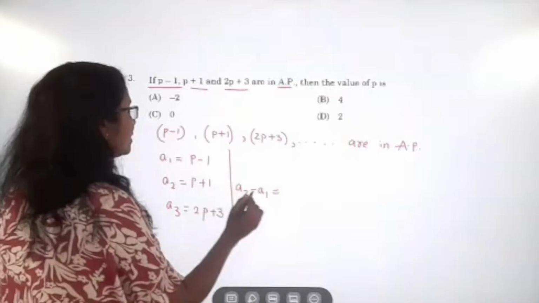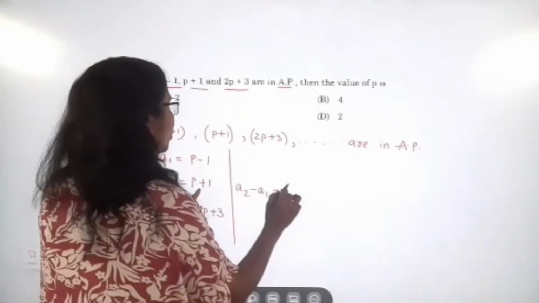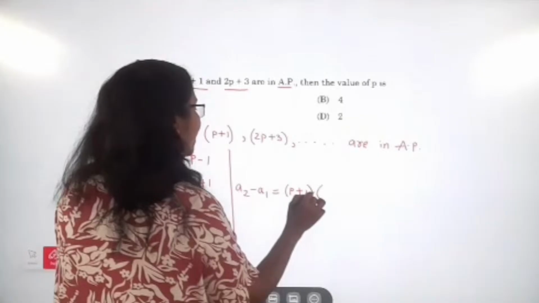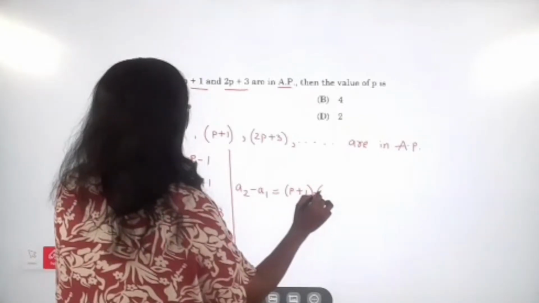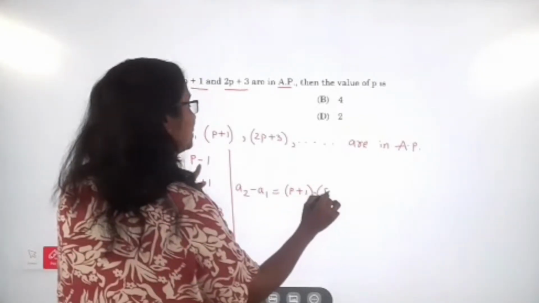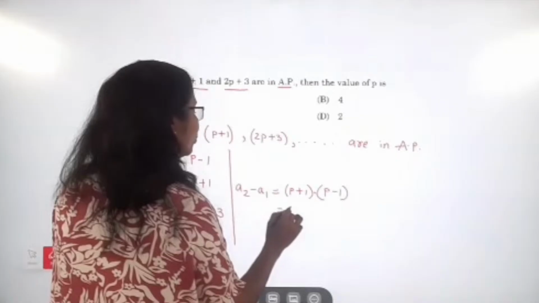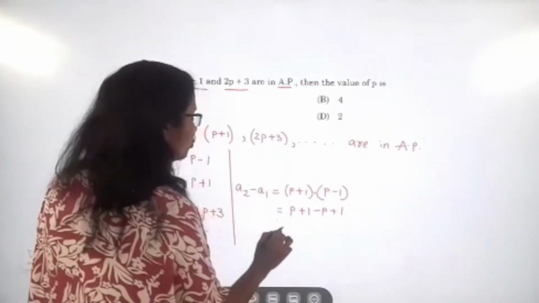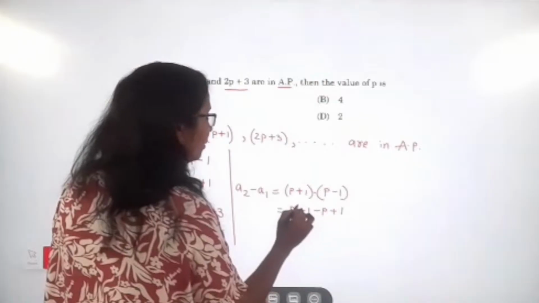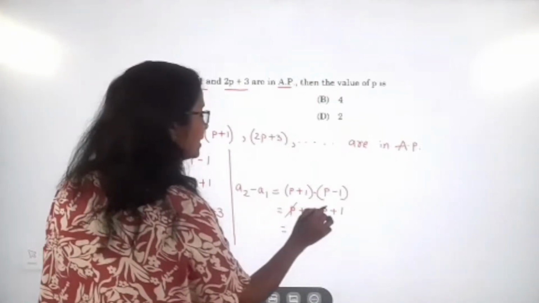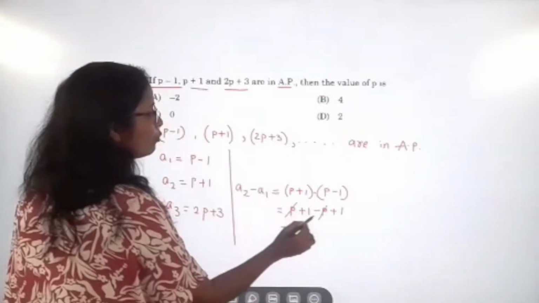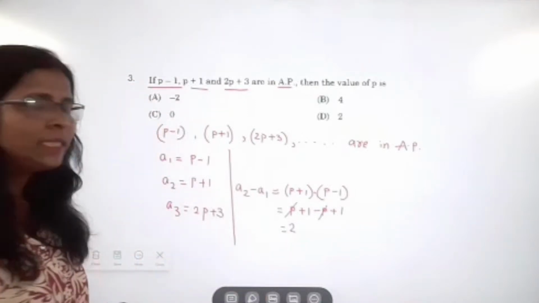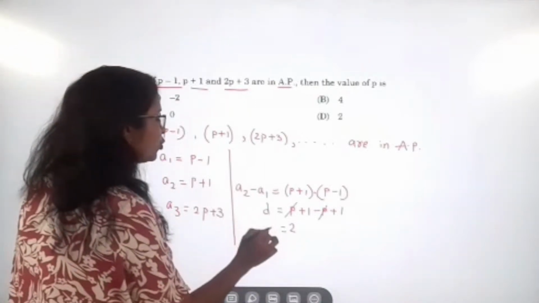A2 is p plus 1 minus A1, that is p minus 1. So p plus 1 minus p plus 1, p minus p cancels out, that is 0. So 1 plus 1 will be equal to 2, which is nothing but D, students.